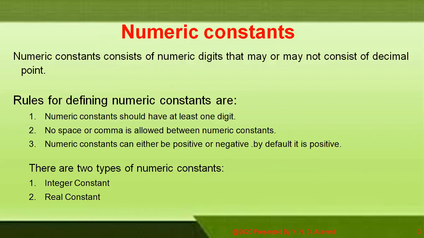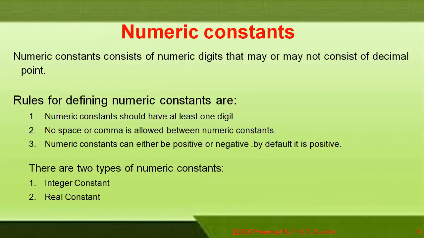The rules for defining numeric constants are: numeric constants should have at least one digit. No space or comma is allowed between these numeric constants. Numeric constants can either be positive or negative, and by default it is positive.